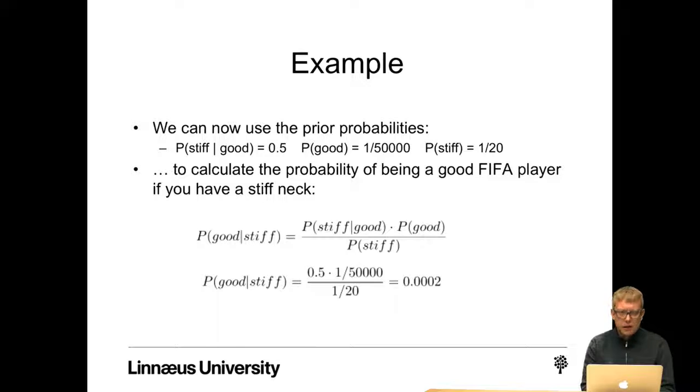We put in our numbers and do the calculation, and we see that the probability of a player having a stiff neck and also being good at FIFA is just 0.0002, so a very low probability.